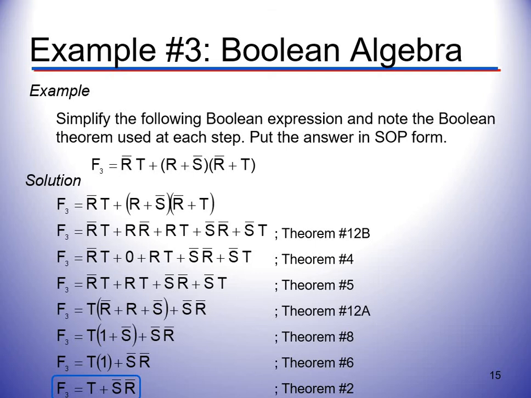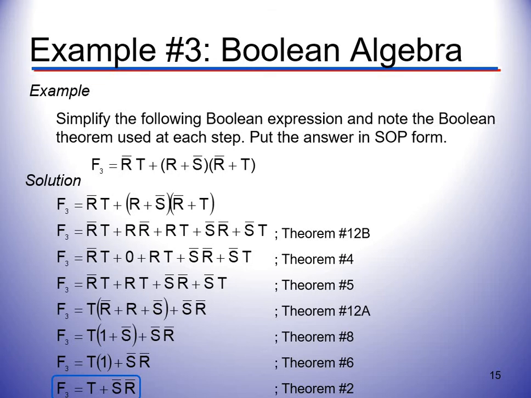So what did I do that for? Well, you have to recognize that r or r bar becomes 1. So this is having your theorems out and next to you. So r or r bar becomes 1. So that leaves us with t times the quantity of 1 or s bar, or s bar r bar. Okay, t can distribute to the what? 1, right?